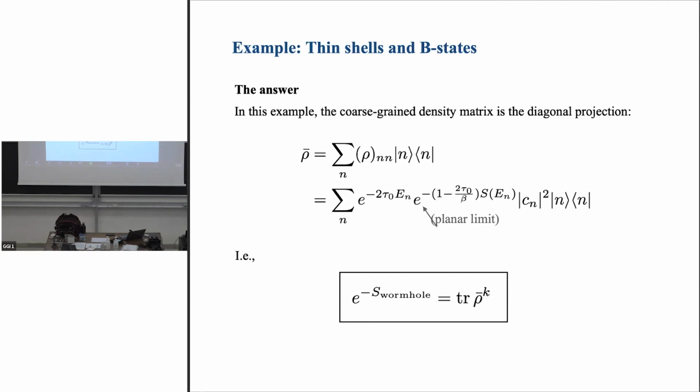Now we can match this to the wormholes. Matching this to the wormholes gives us a formula for this. This is the Euclidean evolution factor. This is some weighting function that you get by matching to the wormholes. I've written the answer here in the planar limit. Otherwise, it's a bit more complicated, and I have to add some notation here.